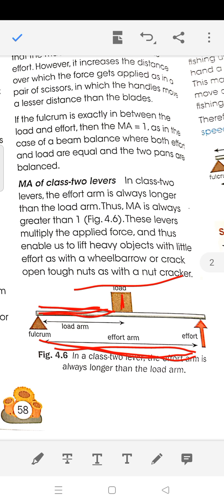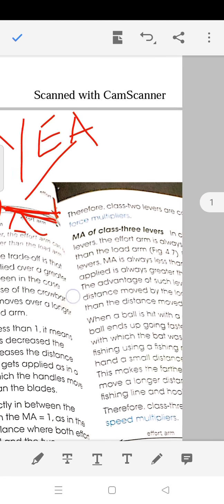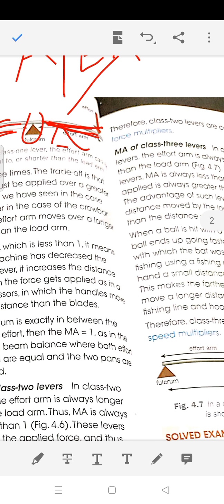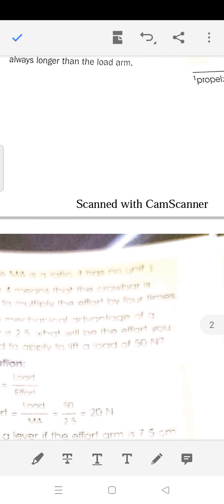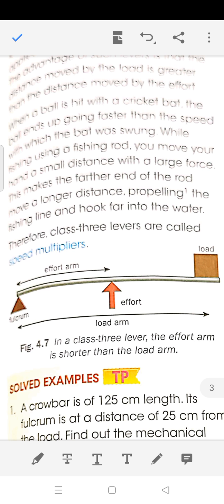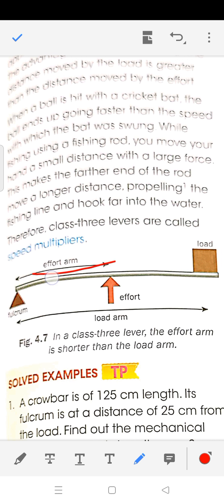Okay. Now let's come to class 3 lever. In class 3 lever, what we can see is that the effort arm is smaller and the load arm is bigger.